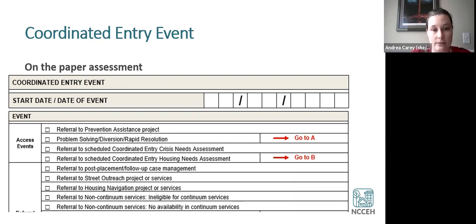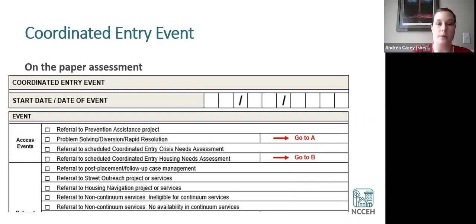First off is access events, and those are defined as homeless prevention assistance, problem solving, diversion, those rapid resolution conversations, then there's a couple referrals that are included in access events. Scheduling an assessment. So that is connecting someone to access resources, right?